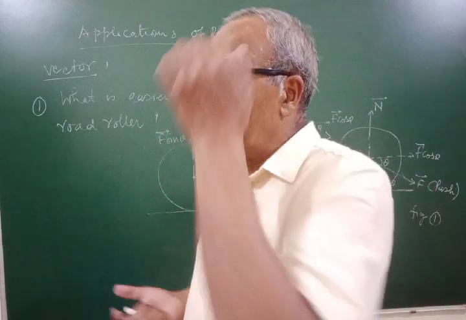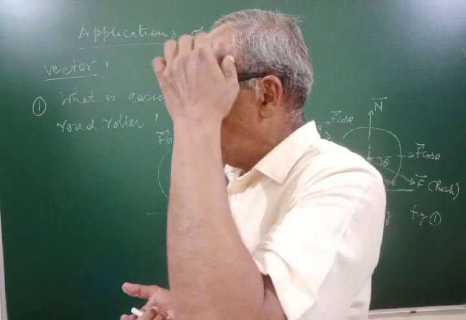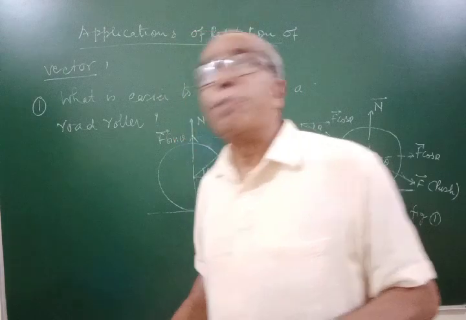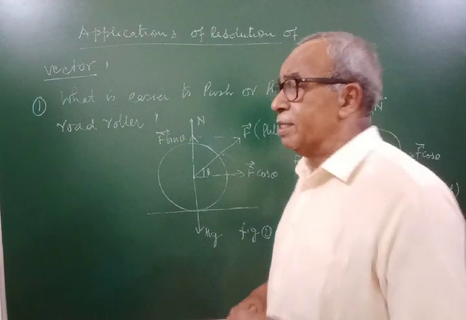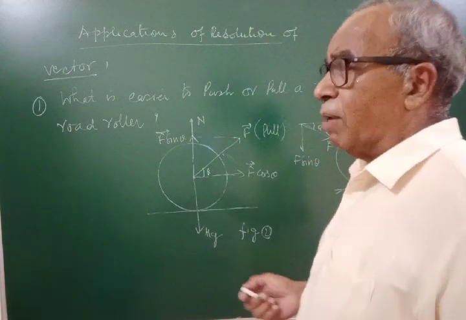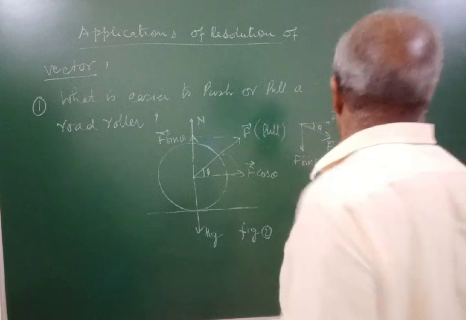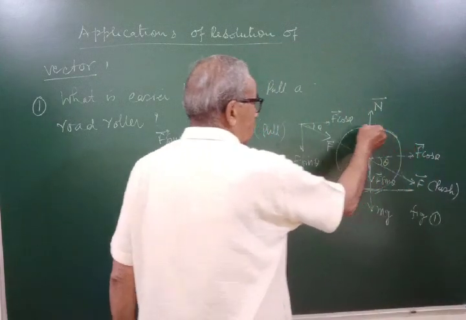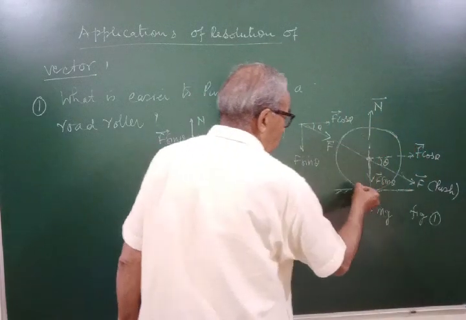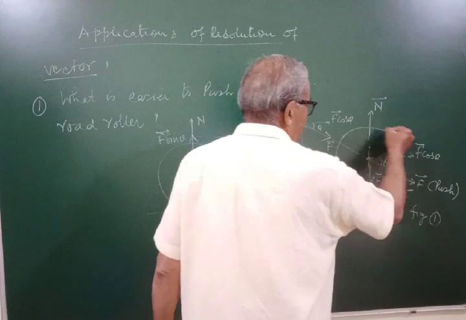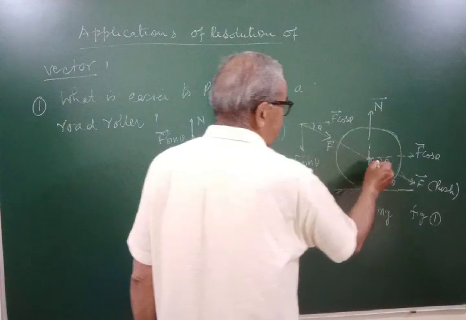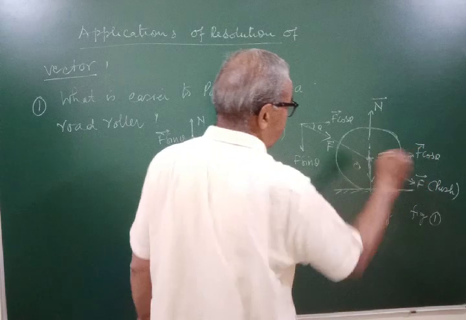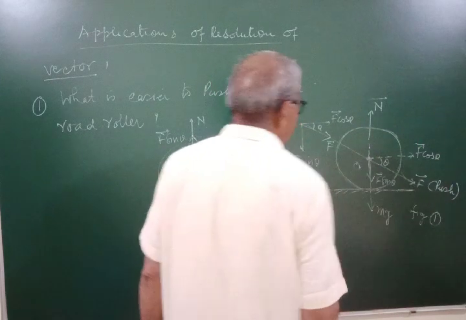We might have seen road rollers on the roads, and farmers generally used rollers, but nowadays farmers do not use them. In figure 1 I have shown the cross section of the roller. It is the center of the roller, the axle about which it will rotate.